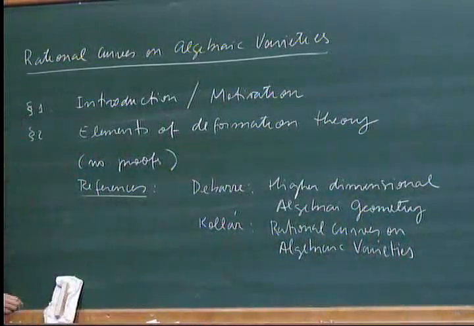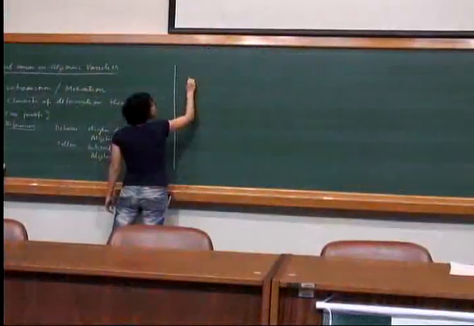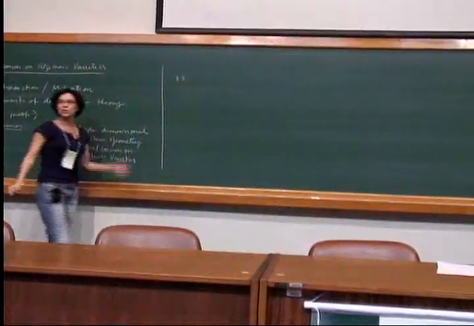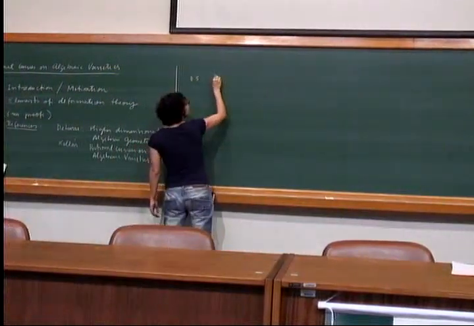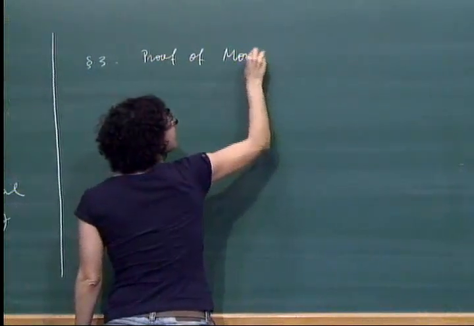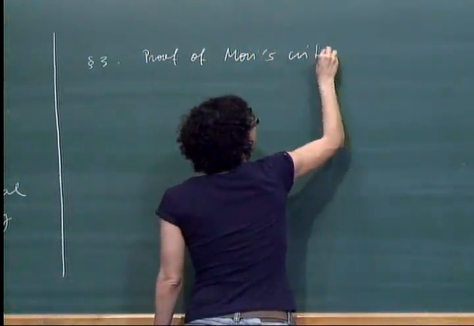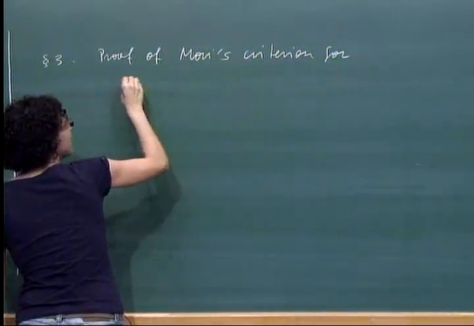Once we have these ingredients, we will move to the third and most important part of the mini course, which is a proof of Mori's criterion for uniruledness. I will define all this.